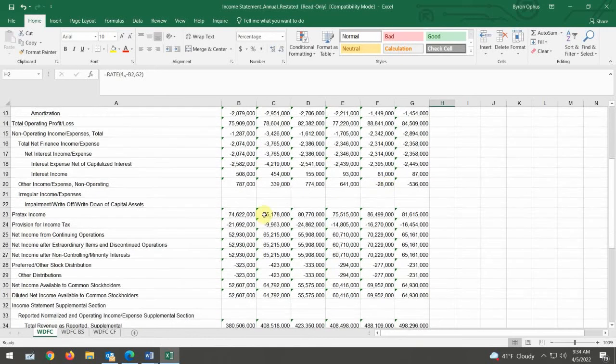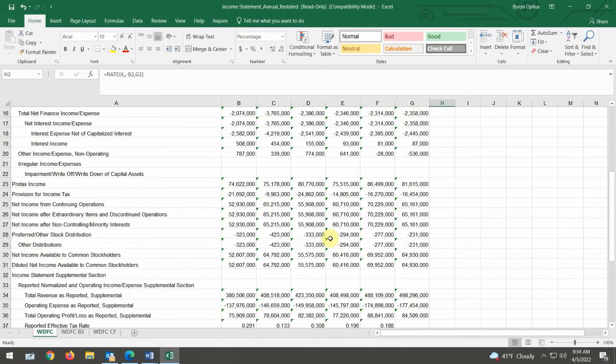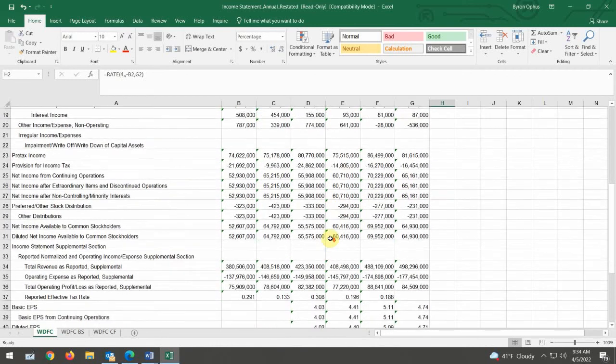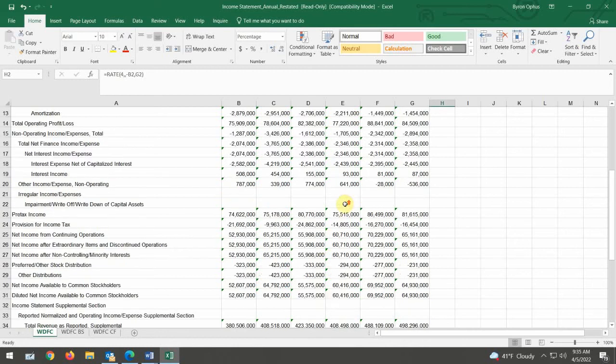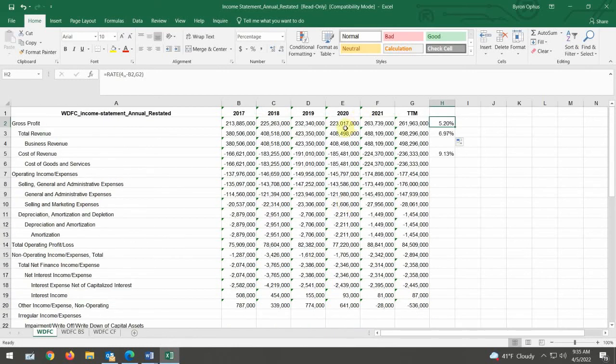Okay, and run some of these figures. If you see something that looks a little bit weird... their income statement's fairly straightforward. Okay, there's not a lot that jumps out at you here. You guys may find some things, especially in some of your companies, that really were affected by COVID. Okay, well, they may see a big drop in income, and this company had a bit of a drop, right?